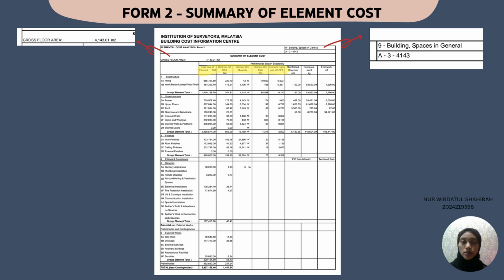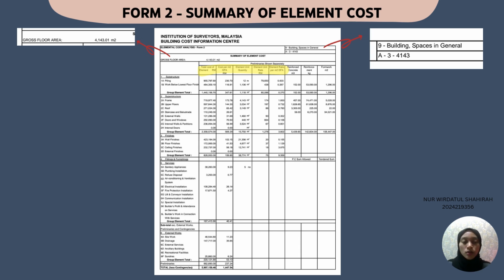So now we're moving on to the next section, which is Form 2, Summary of the Element Cost. The project under review is a multi-story building with a GFA of 4,143.01 square meters.